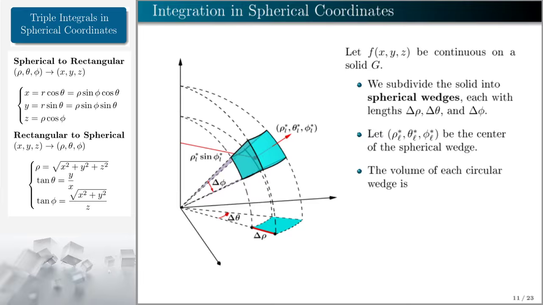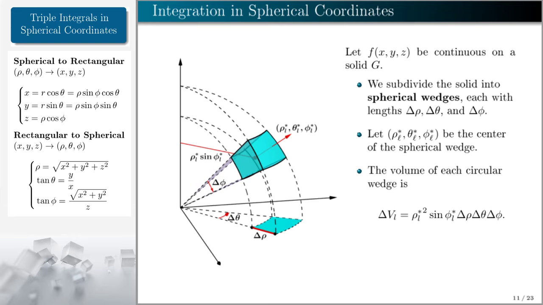Given this center, it can be shown that the volume of each of these wedges will have the following formula: the volume is given by rho sub L squared sine phi sub L, times delta rho, delta theta, and delta phi.